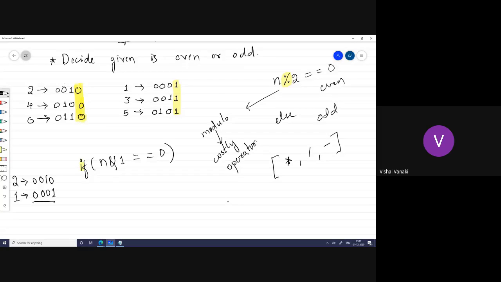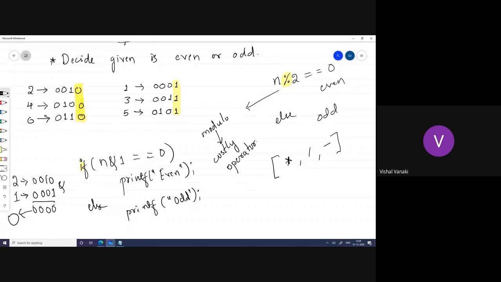When I perform the bitwise AND operation, it will result in 0. For even numbers, n bitwise AND of 1 will be equal to 0. So you can write printf even, else you can print that it is odd.